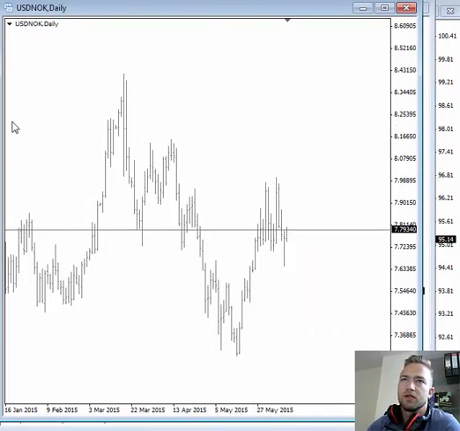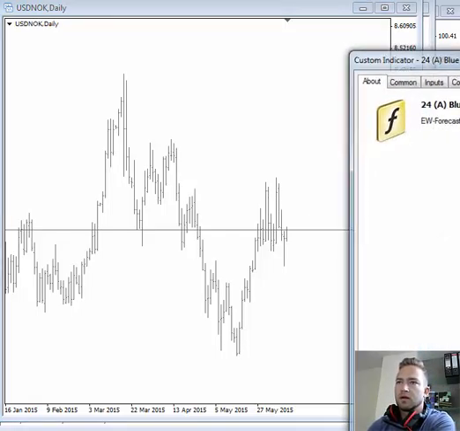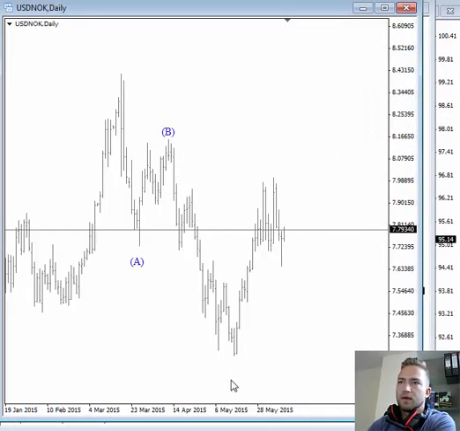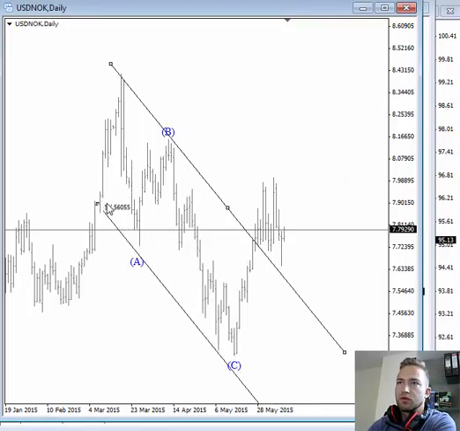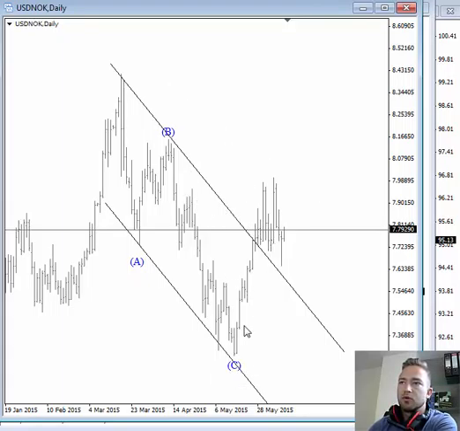So what I see on this chart is a three-wave decline, A, B and C, and then if I connect trend lines here, I mean a downward channel, you can clearly see a nice break to the upside after wave C found support at the lower trend line. So this is clearly a bullish structure, because this rally can also be counted in 5 waves on the smaller time frames.